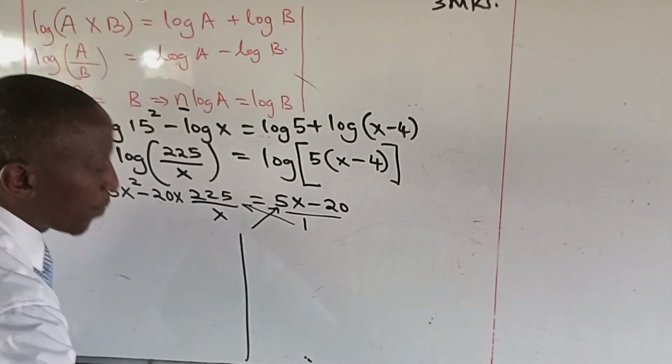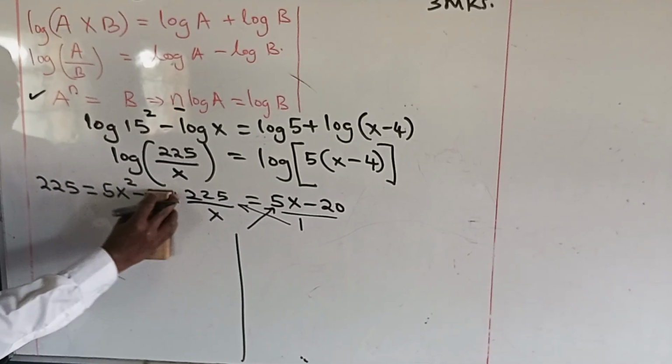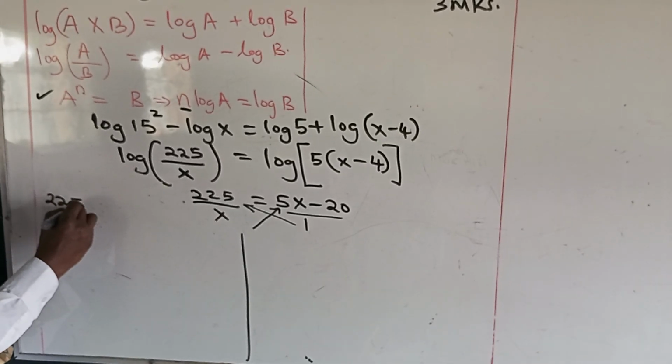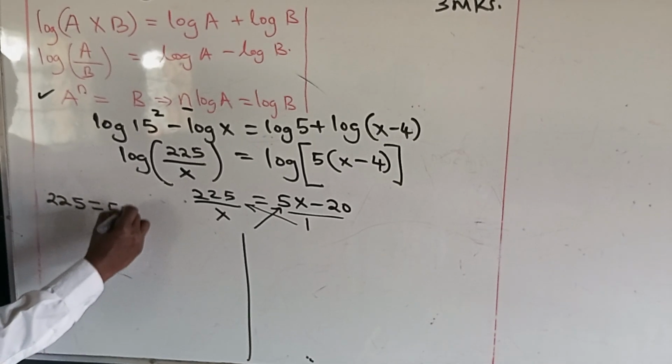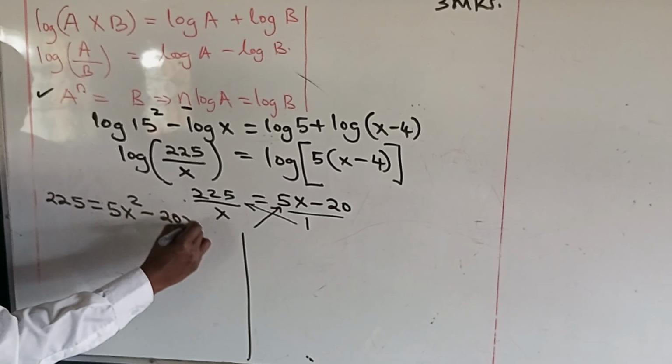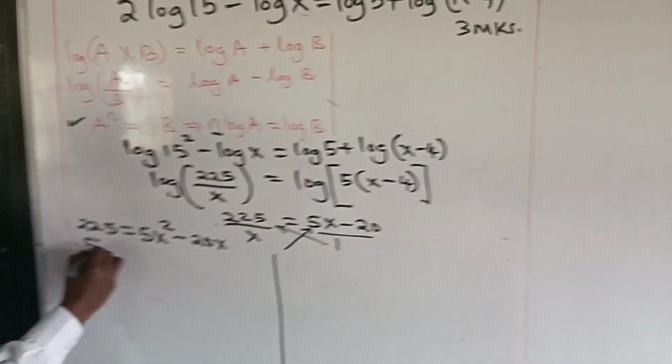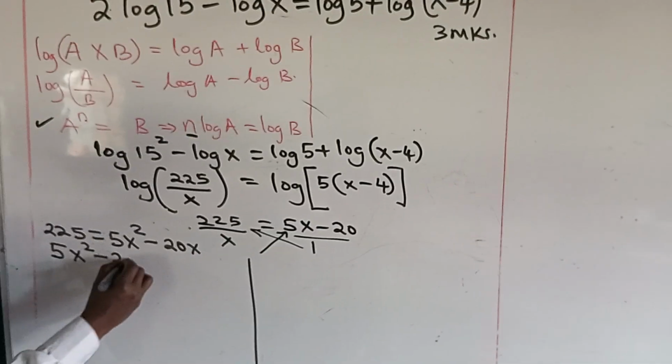So we shall have 225 is equal to 5x squared minus 20x. We write it in the proper way, starting with the x squared.